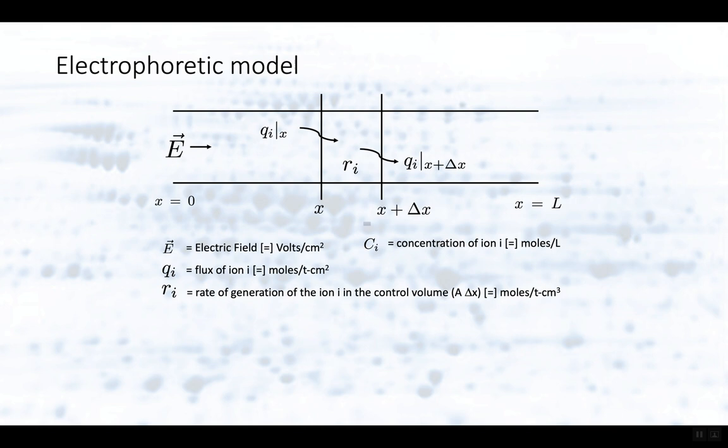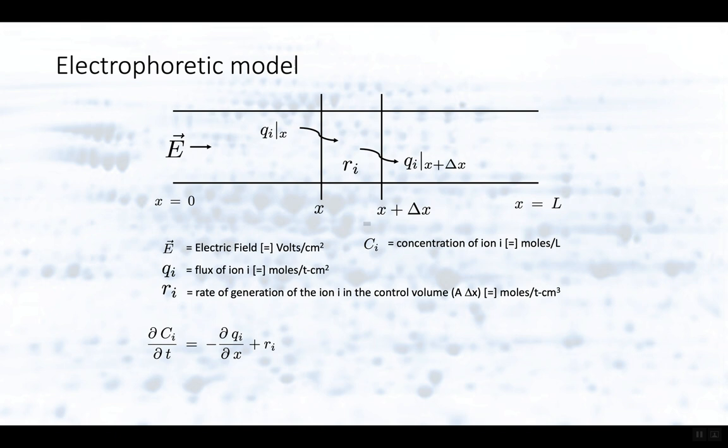So net neutrals, whether it's a net neutral acid or a net neutral base, those don't move. It's only the fraction that's the fractional ionization that moves. So we have to worry about that generation term. So we're either generating a positive charge or a negative charge, or multiple positive charges and multiple negative charges.